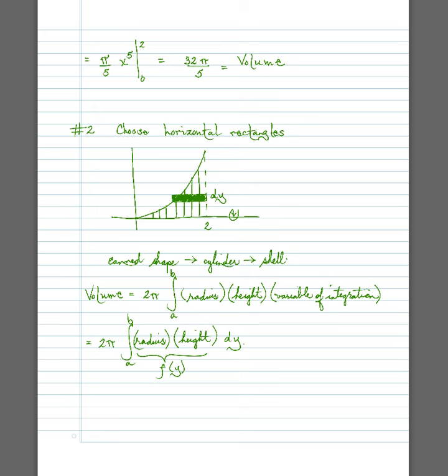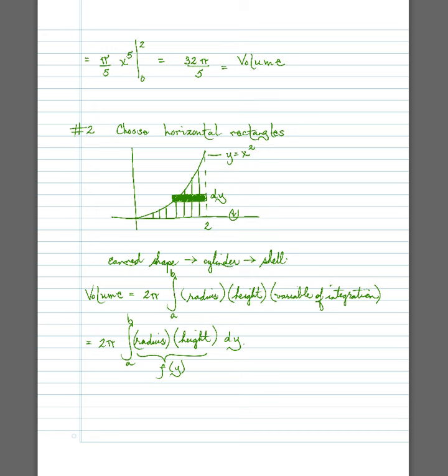Okay. Well, since these heights are varying from 0 to the function, we know that these heights are going from the axis to x squared. Okay, remember that this is y equals x squared. It's going from the axis to the x squared function. Well, the x squared function is really y.